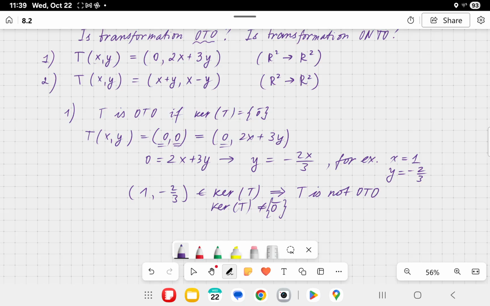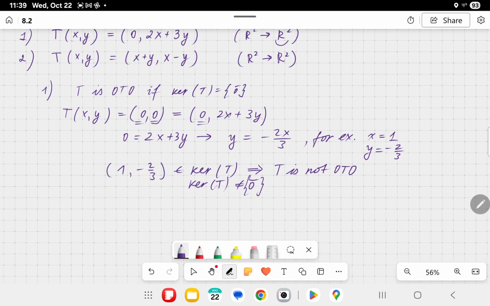Is it onto? Onto means that every vector in the image space has something back. Well, let's just look at this. I'm going to show that T is not onto. Why? Let's pick a vector from R2. For example, let's pick vector W with coordinates 1, I don't know, even 0.